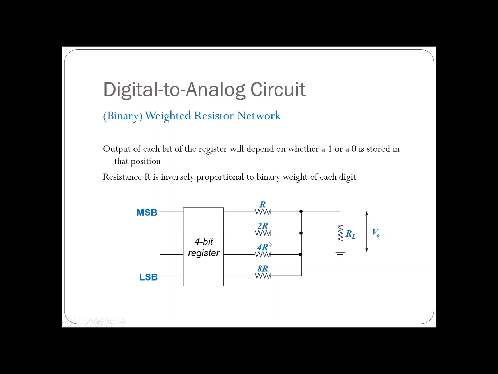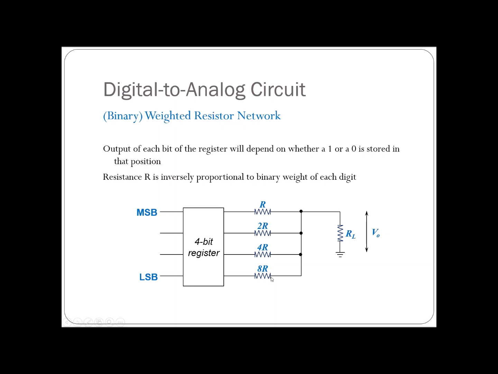Let's say in this example we have a 4-bit array digital signal. We want to convert it again to an analog signal. So I connect all of these bits to a series of different resistors, where the resistance value of each resistor is doubled. If the first resistor is R, the second one will be 2R, the third one 4R, the fourth one 8R, and so on.